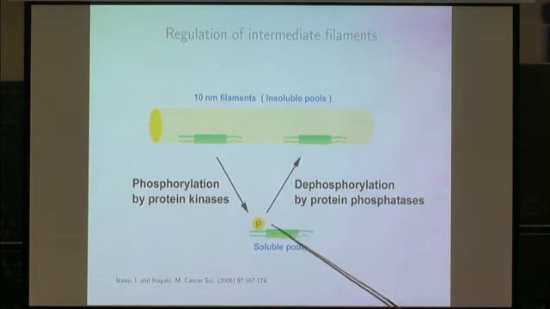When they are soluble, they are still phosphorylated, and maybe before being able to reorganize into filament, they need to be dephosphorylated. So here we can have another enzyme acting.